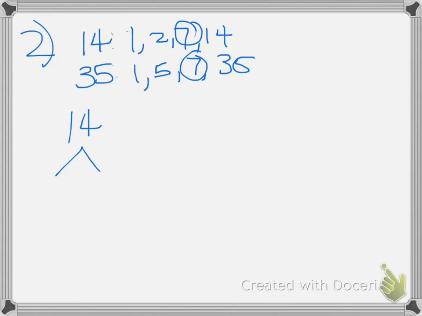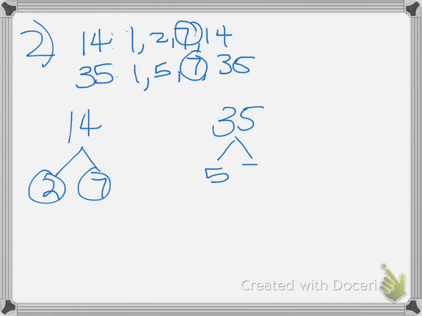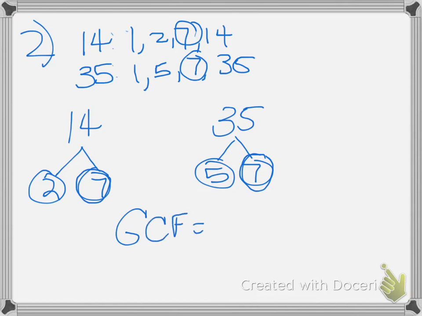It might take you a little longer and you have to spend more time listing. So if you go to your factor tree, it might be a little easier just thinking of the 2 factors you know that you can multiply together to get that. So 14 has 2 times 7, and 35 really just has 5 times 7, both prime numbers. Which numbers do they have in common? Each of them have 1 7, so the greatest common factor of these 2 numbers is 7.